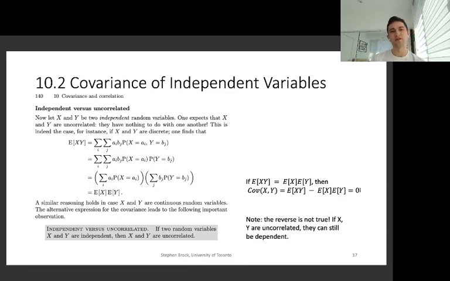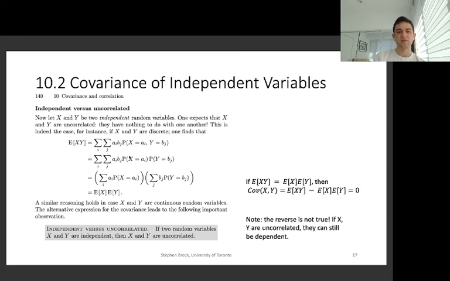And when the covariance is equal to 0, we say that two variables, x and y, are uncorrelated. So if two random variables x and y are independent, then they're uncorrelated. A similar reason holds in case x and y are continuous random variables.